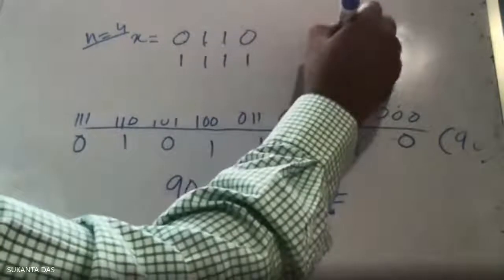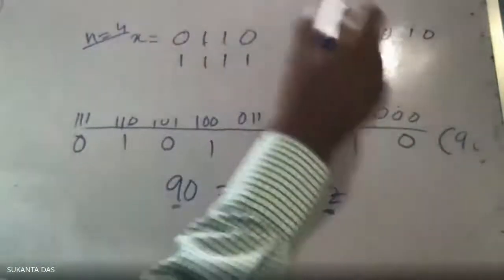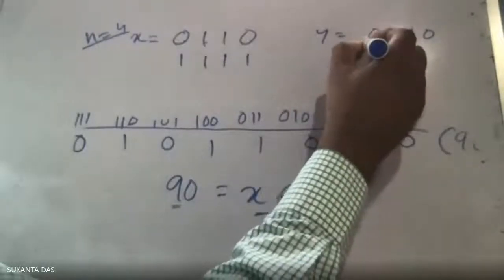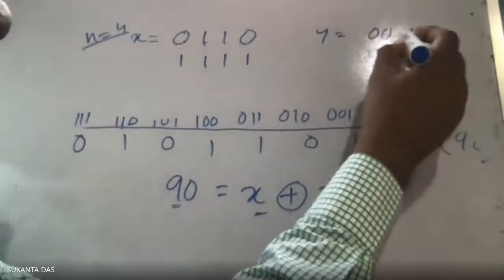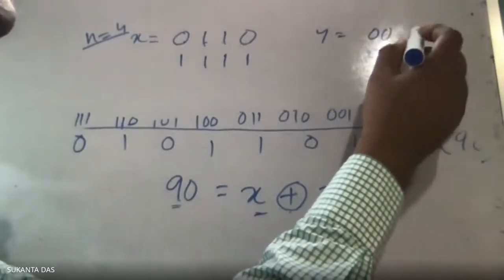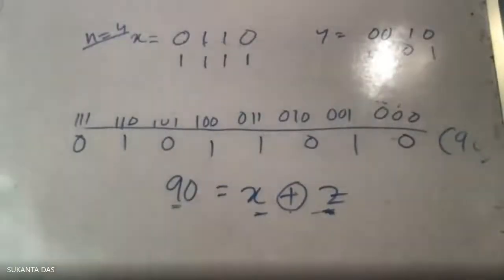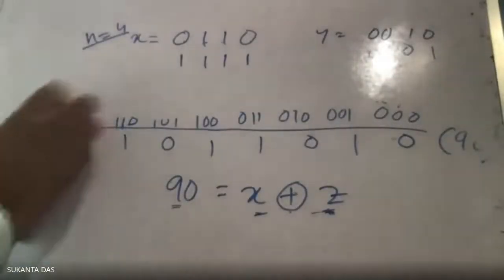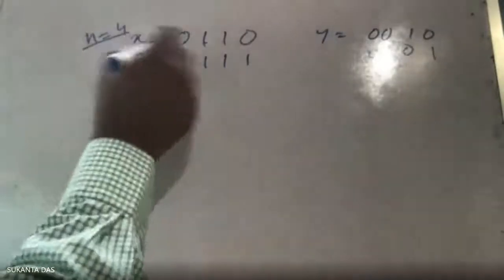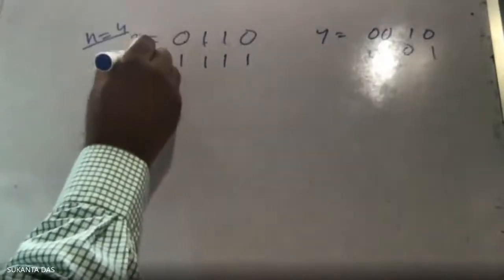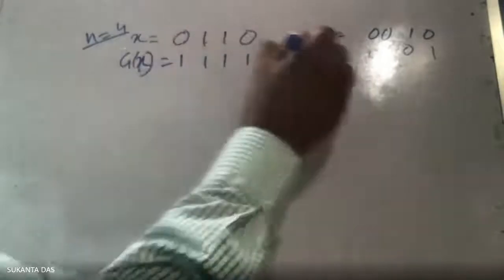Now y is equal to 0 0 1 0. Then what I get is 0 1 0 1. Let me remove this part. So this is x and this is gx, and this is gy.